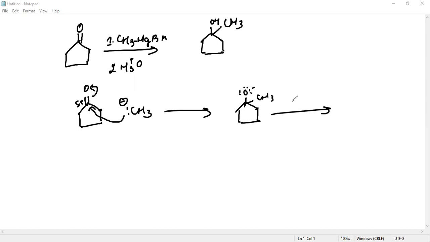In the next step, it will go ahead and grab the hydrogen from the solution, and this O negative will immediately attack over here. So this O will become OH, and this is your CH3 over here. Now let's look into some other reagents.